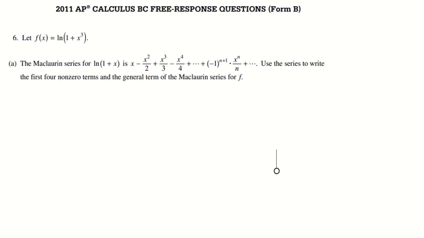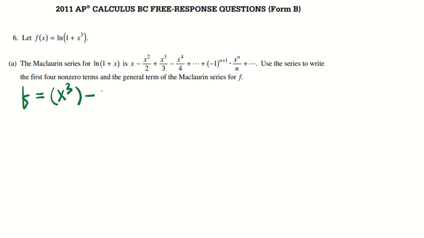Now if I look at the difference between this function and that function, really what I've done is I've just replaced x with x to the 3. So that's exactly what I'm going to do in the Maclaurin series. So for the first 4 non-zero terms and the general term, f is going to be, replace x with x to the 3. That's supposed to be a minus.